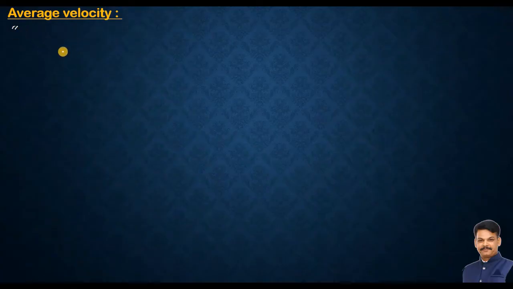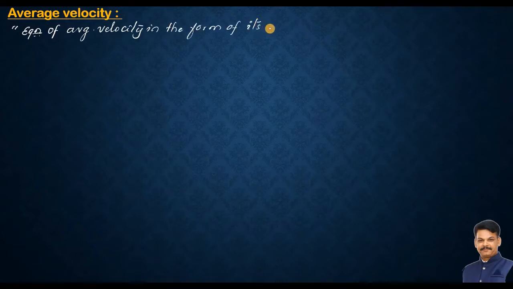We are not simply considering the average velocity. Instead, we are finding the equation of average velocity in the form of its velocity components in a plane. So this is our aim and objective.